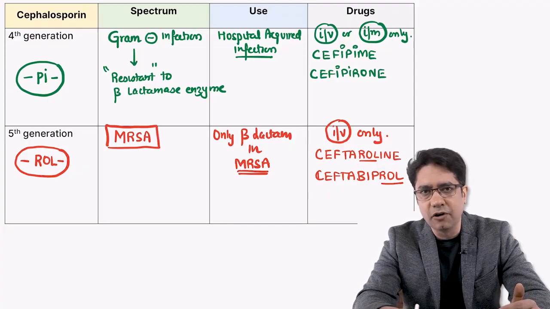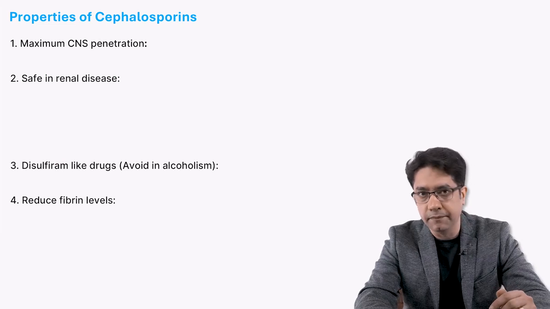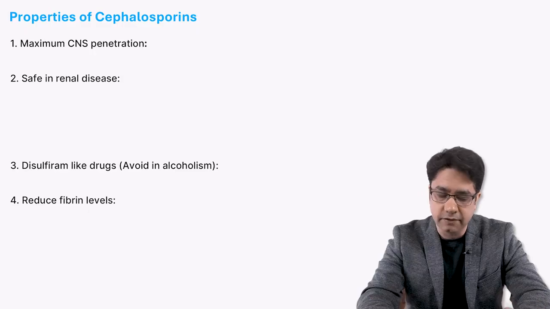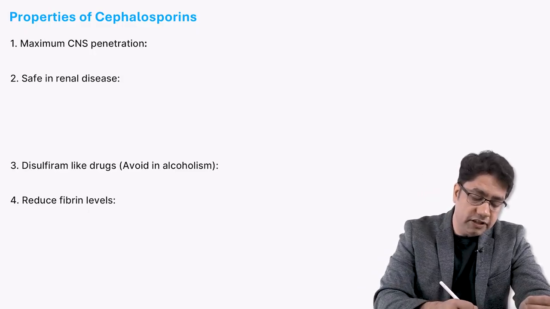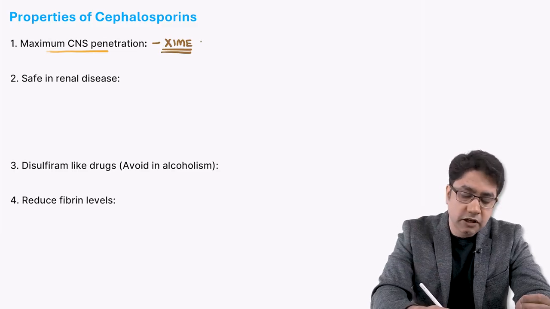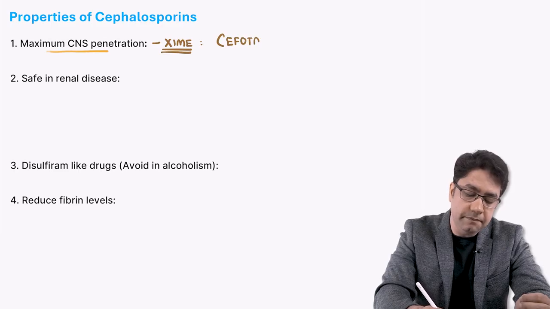So now let's talk about properties of cephalosporin. Now, which cephalosporin has maximum brain penetration? So first property, which cephalosporin has maximum brain penetration? So just identify the "zim" word in them. Zim cephalosporin have a very good brain penetration. So the best brain penetration will be cefotaxime.